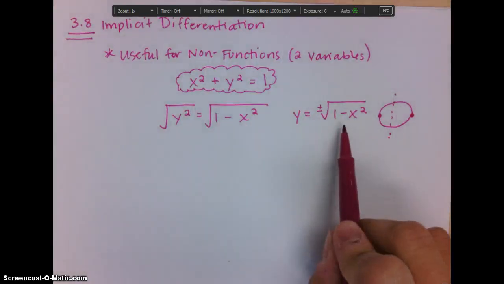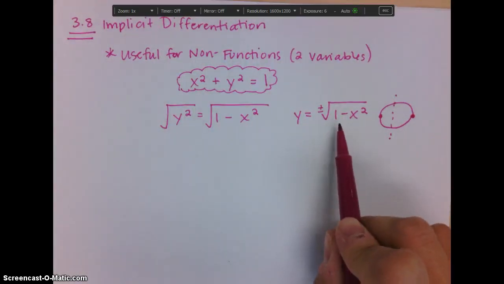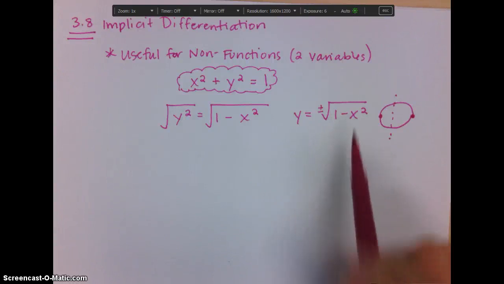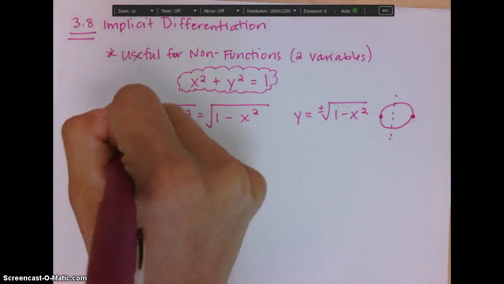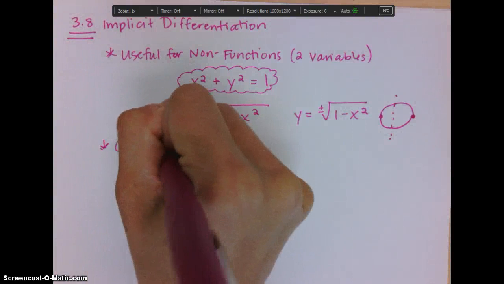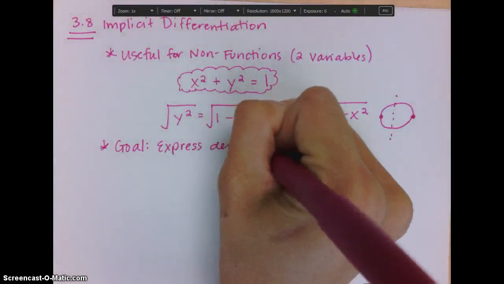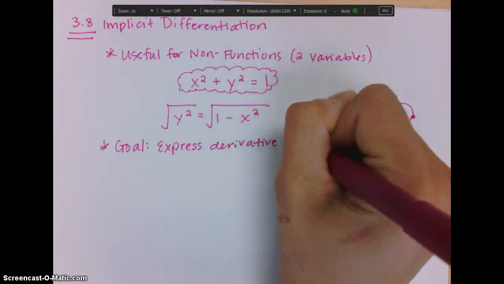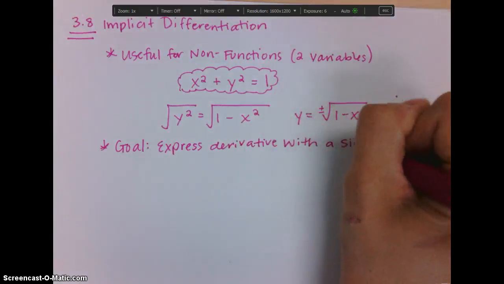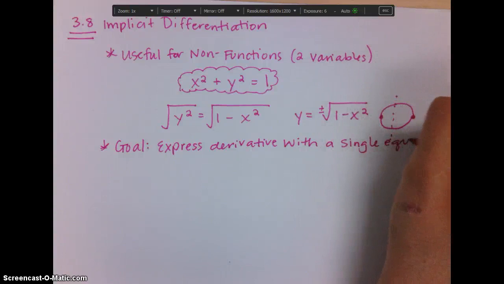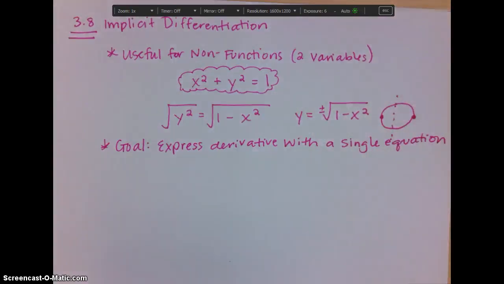So if we actually wanted to take the derivative of this, we'd have to take the derivative of each part. And so our goal here is to be able to express the derivative with one equation, with a single equation. Alright, so that means putting it in the y equals form is not a great method, because we end up with two parts which make up the complete expression.